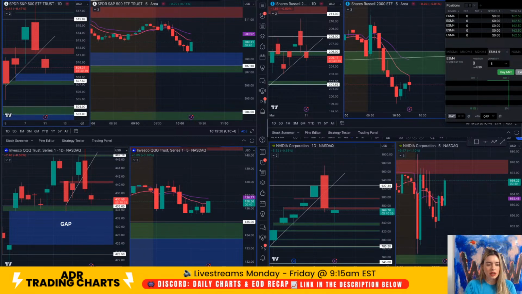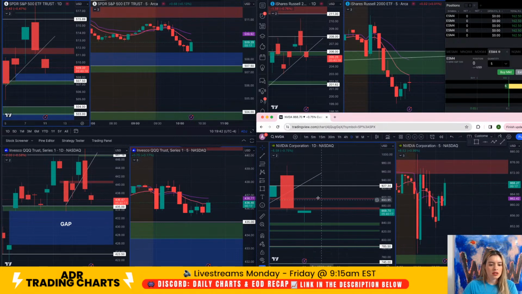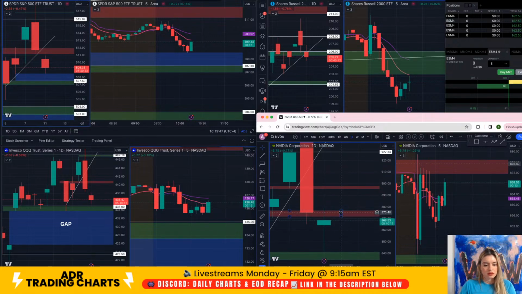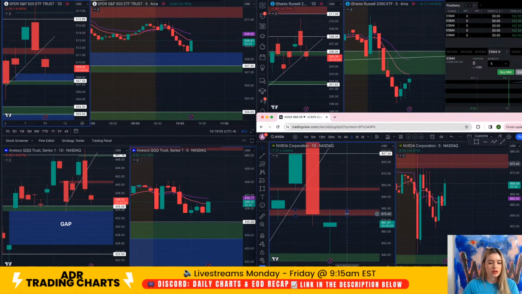We still have Apple looking kind of bullish, but resistance holding, trying to break 174 resistance, and Nvidia is fighting Friday's low. It's trying to break this level here, 876 around there. So, yeah, let's say this is a resistance here on Nvidia.